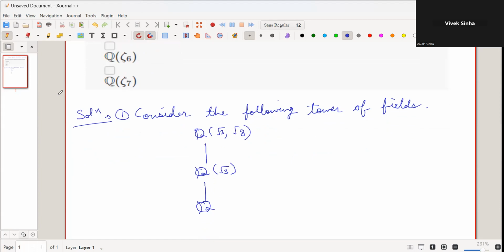So we just need to make sure that each of them is an extension of degree 2. From here to here, definitely the degree is 2, since x square minus 3 is satisfied by root 3, which we have seen a number of times, and it is irreducible.